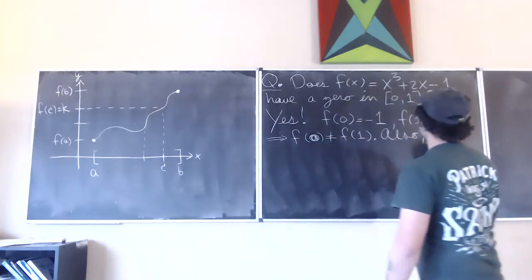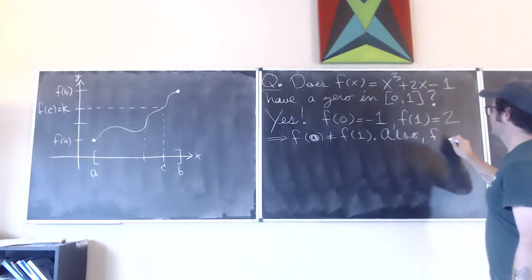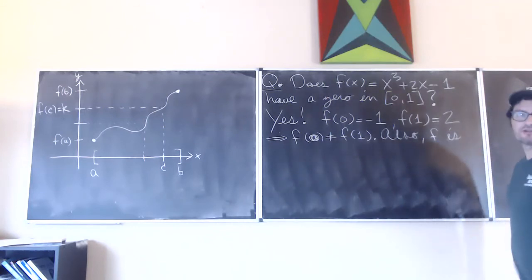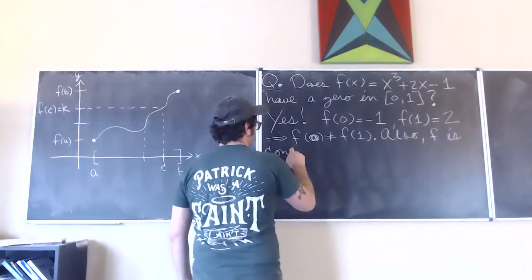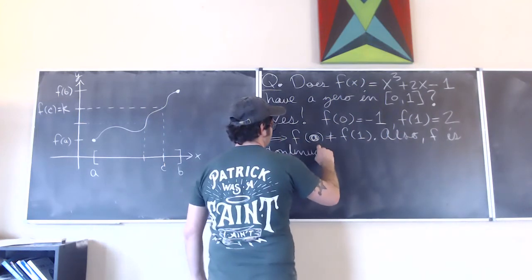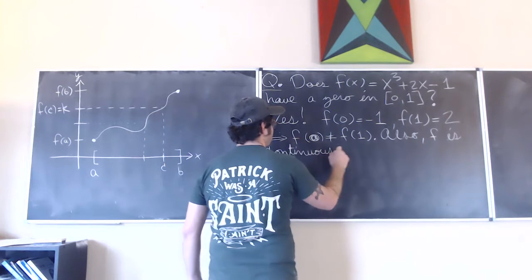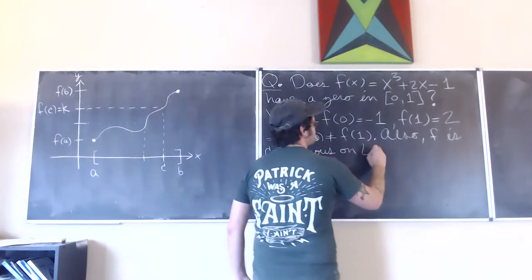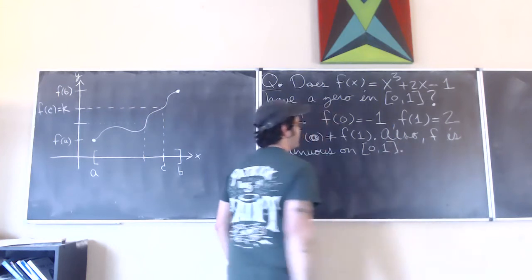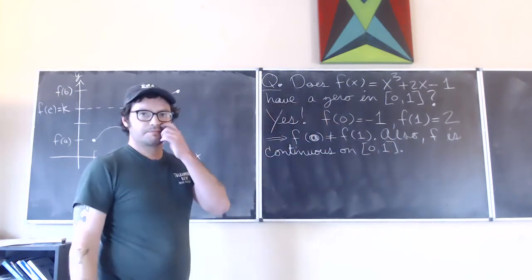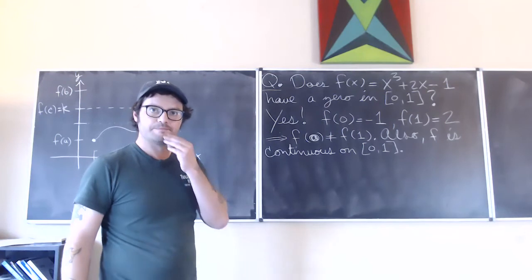Also, this function f, it's a polynomial, so it's continuous on the closed interval 0, 1. Okay?